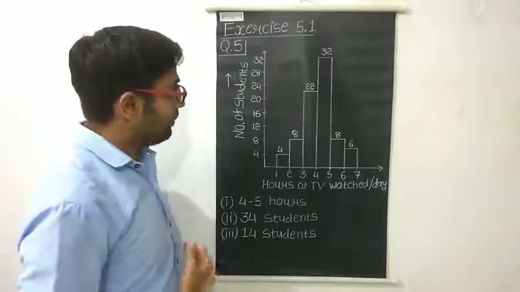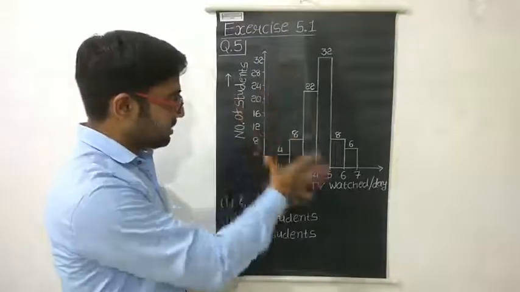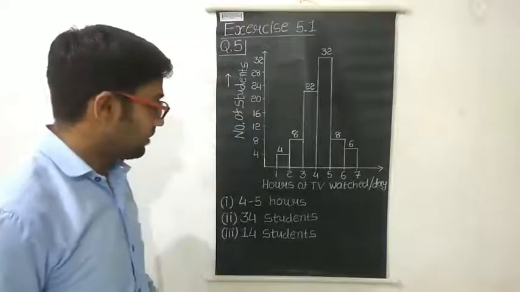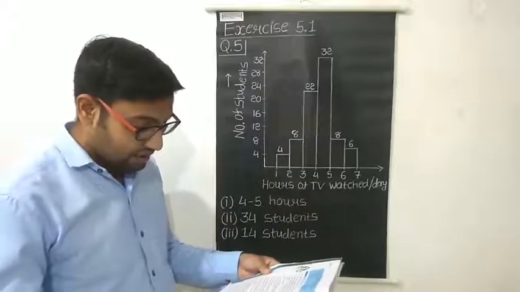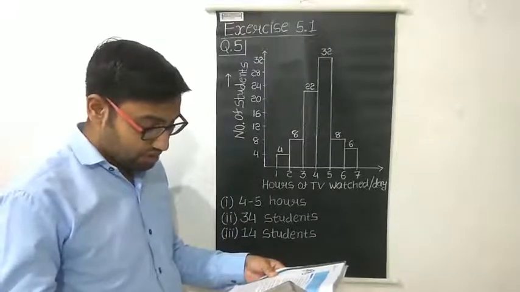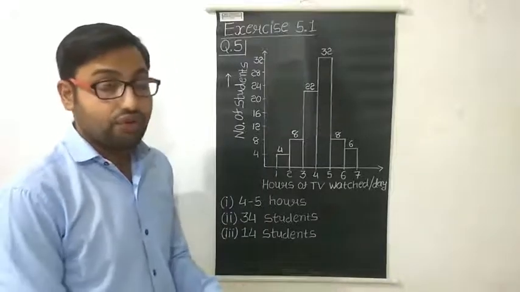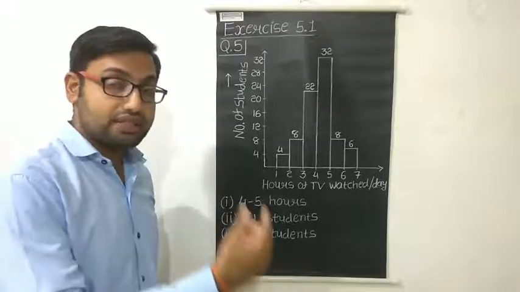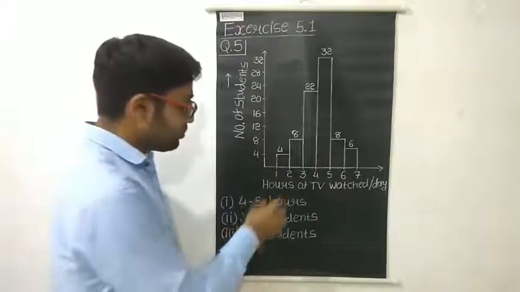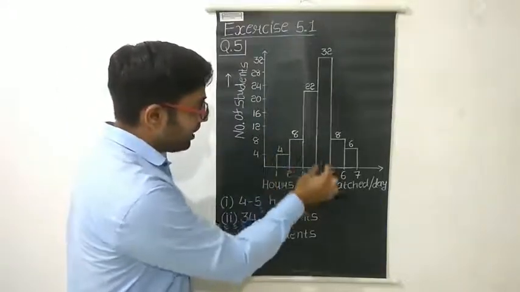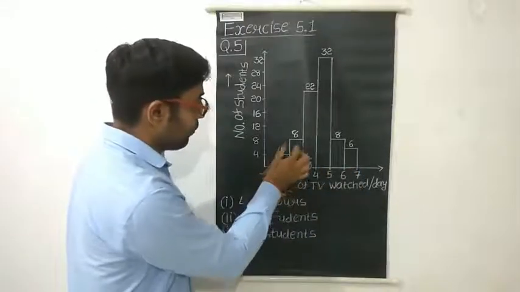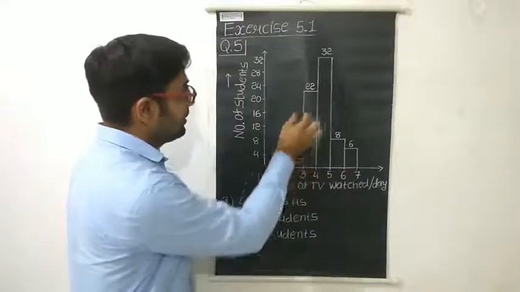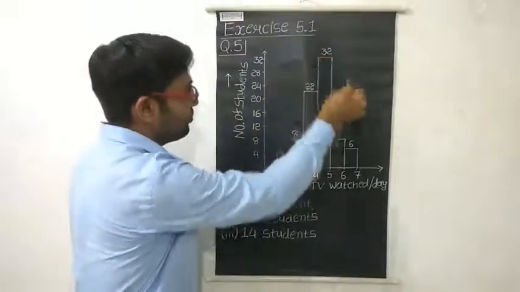So what kind of information do we have to provide from this graph? Let us see the question. First question: for how many hours did the maximum number of students watch TV? Choose the bar which has the maximum value. This bar has 4, this bar has 8, 22, 32, 8 and 6.